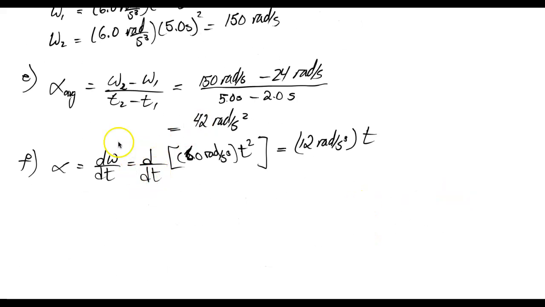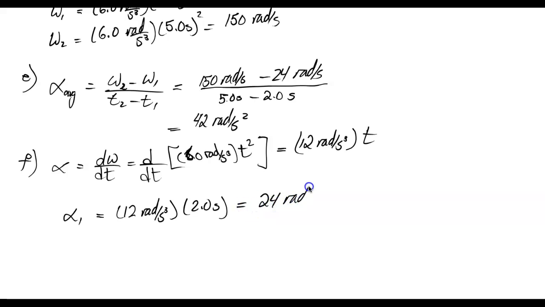And lastly, if we want to find the value of the instantaneous acceleration at a specific point, we plug in the time for that specific point. So if we plug in 2 seconds here, we get 24 radians per second squared.